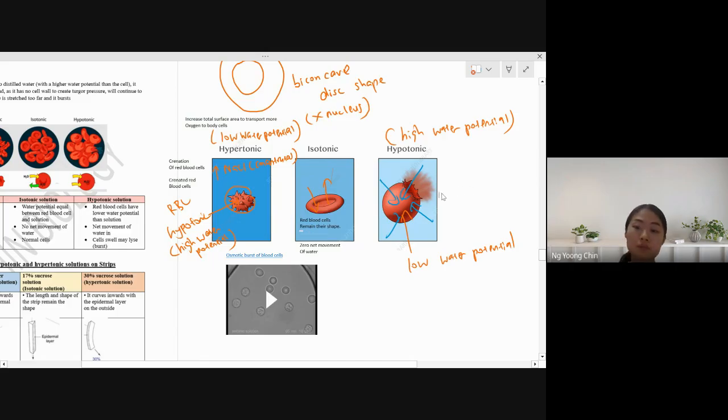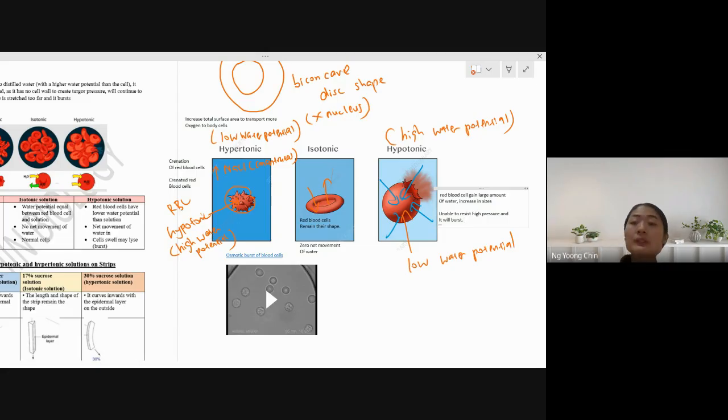However, red blood cells do not have a cell wall, so they are unable to resist high pressure and will burst, because too much water flows inside, creating a very high pressure.